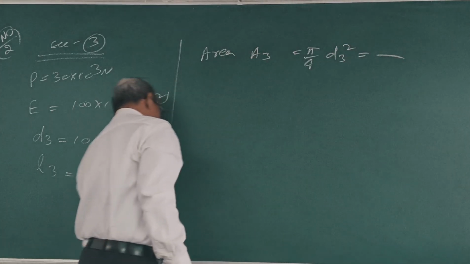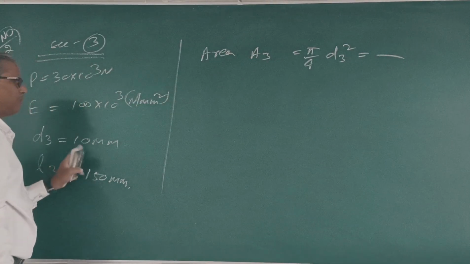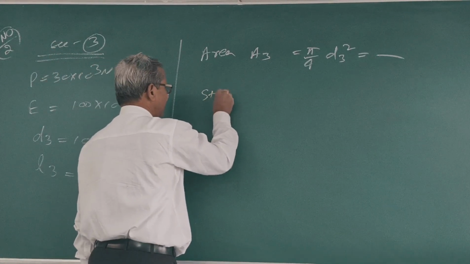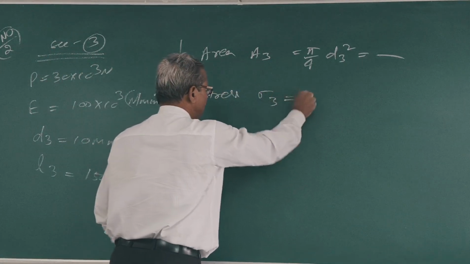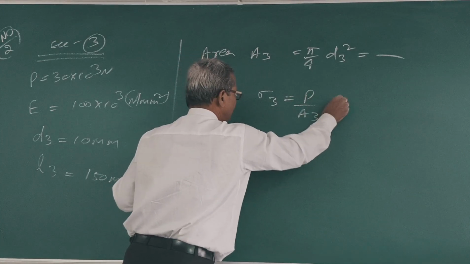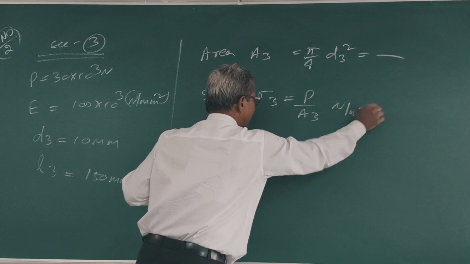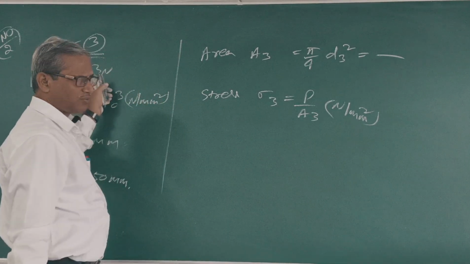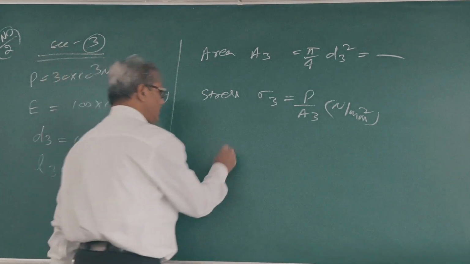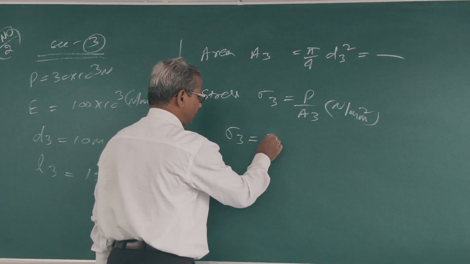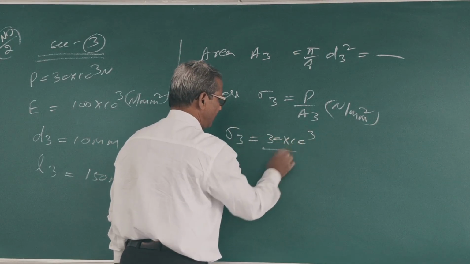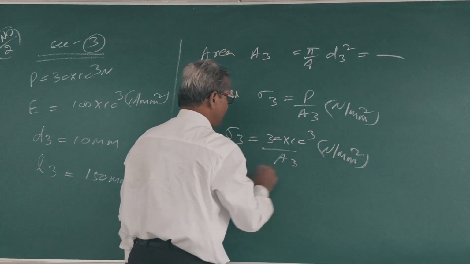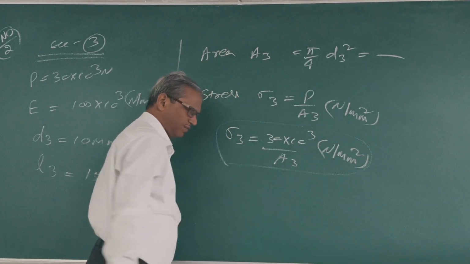Clear? Here D3 is 10 mm. Stress sigma 3 is equal to P by A3 Newton per mm square. Put P equal to 30 into 10 to the 3 Newton. Clear? So sigma 3 is equal to 30 into 10 to the 3 by A3 Newton per mm square. This is the value of sigma 3.